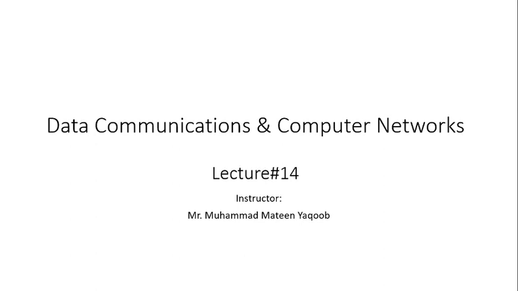Today's lecture is lecture number 14, and it will be about IP addresses. We will go further into the details of the network layer, and we will discuss the addressing scheme used in the network layer, which is the IP address. We will explore how IP addresses are made up, what their purpose is and how they work, and then we will look into the concept of subnetting to increase the utilization of the network and the number of subscribers in the network.